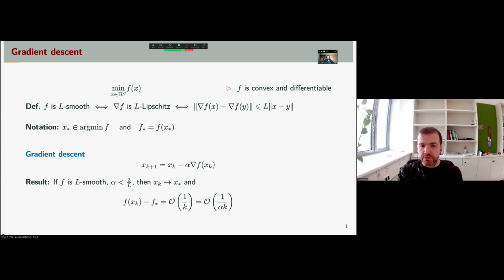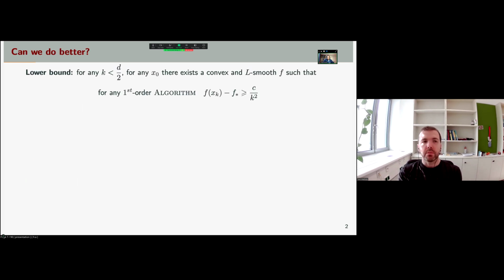In general, there is a very interesting result about lower bounds. If you're talking about some abstract algorithm and we just say it's a first-order algorithm, that means we just use first-order information, meaning function values and the gradient, not Hessians. So we stop at the first 2 terms of the Taylor expansion.